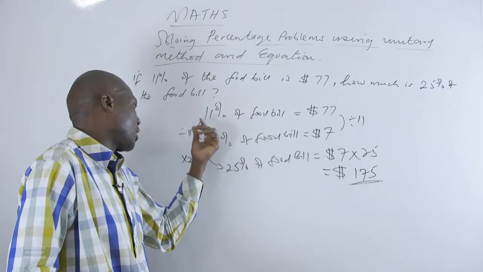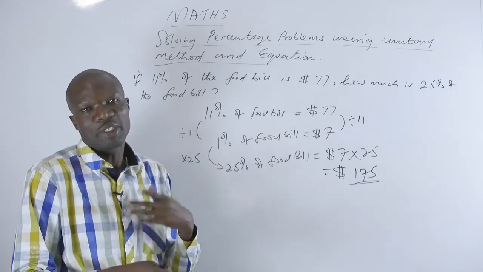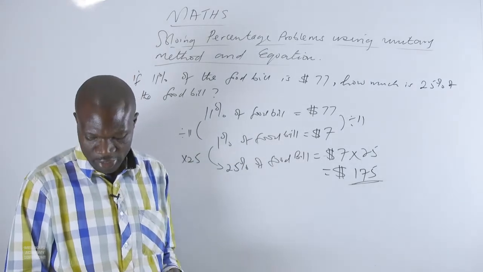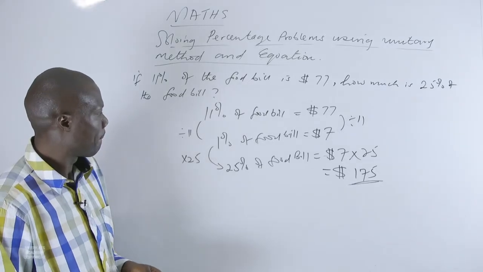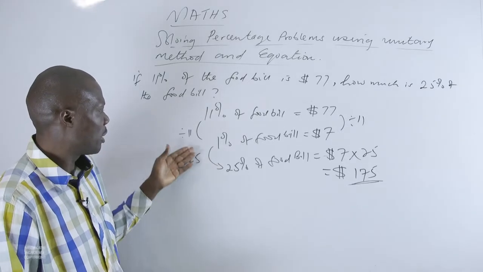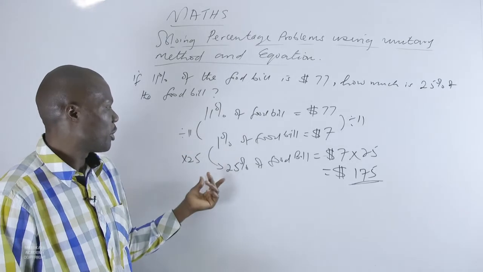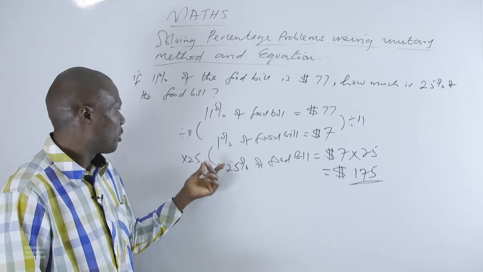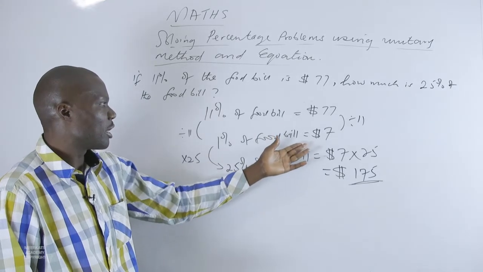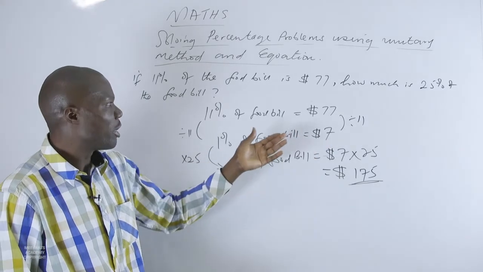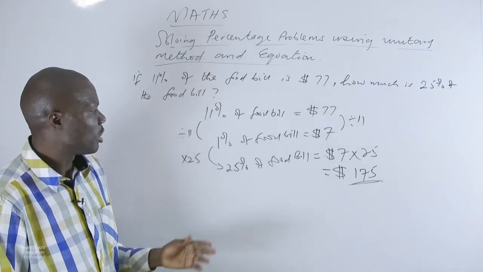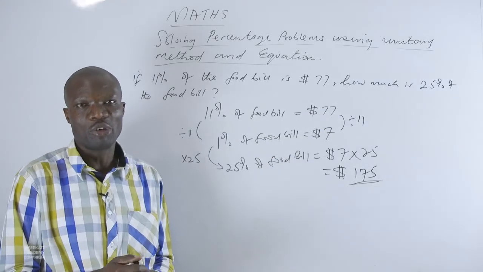We reduced everything to strictly 1%, and then we went ahead to do what? To divide. And after dividing, for both sides we have 1% representing a certain amount. We multiplied by the new percentage, which is 25, to find the value of 25%.